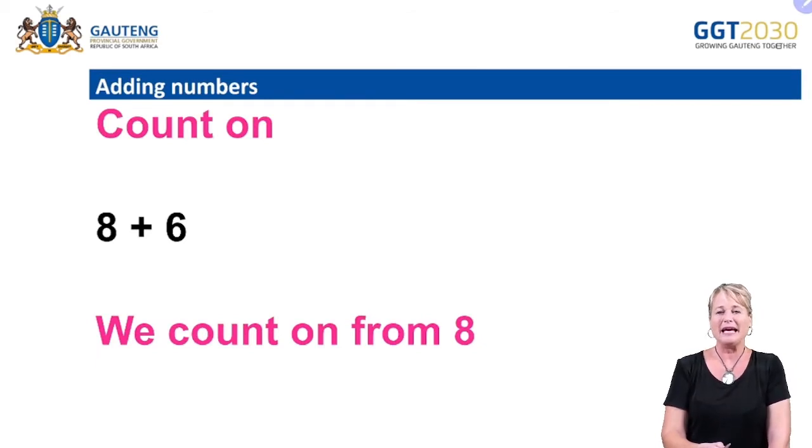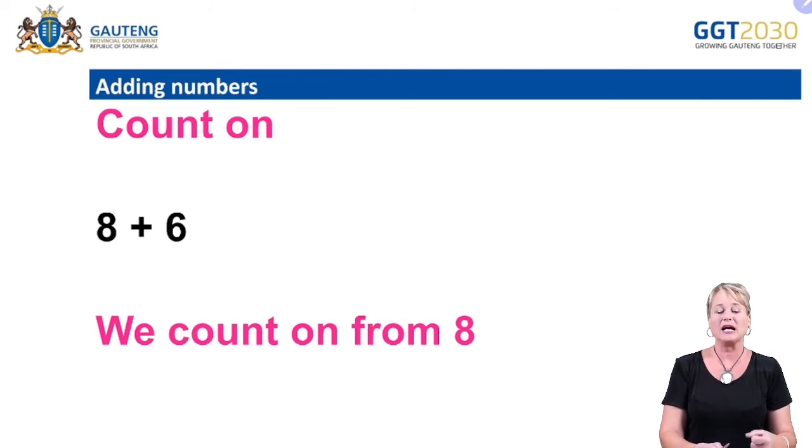Now we're going to be adding some numbers. When we add numbers, we have to count on from the last number. You have tried that before. So if we look at a number like 8 plus 6, we must count on from 8. So we don't start at 1. We've already got 8. We've got 8 Smarties, and somebody gives us 6 more.